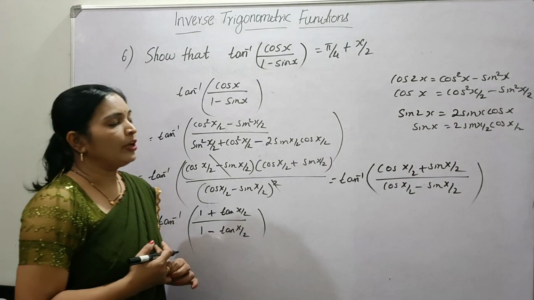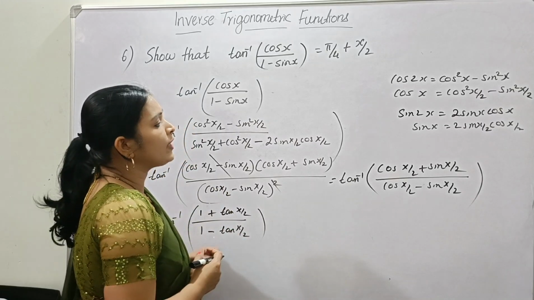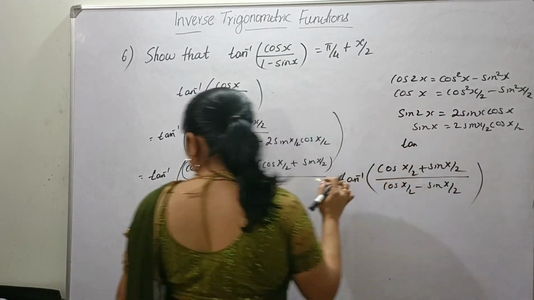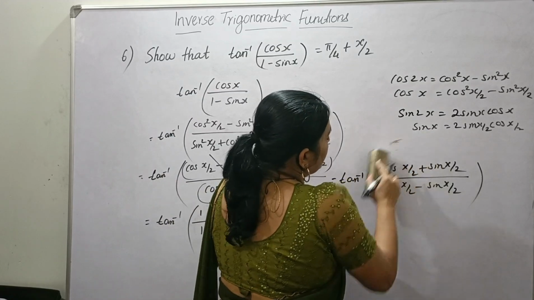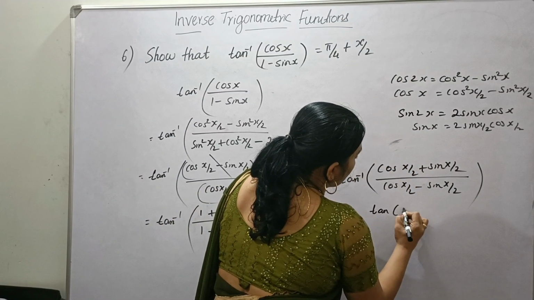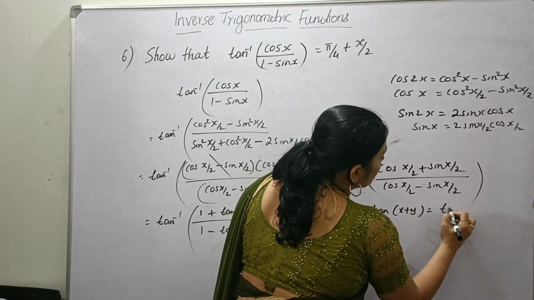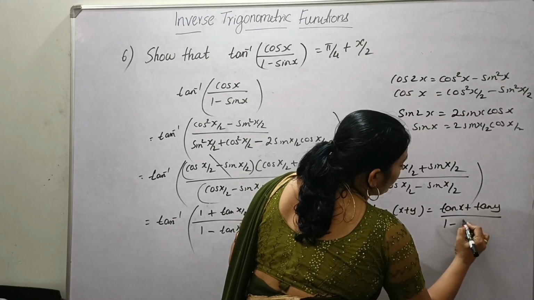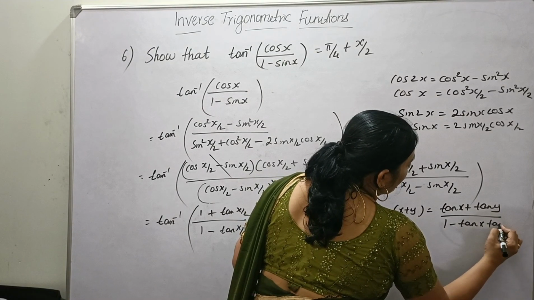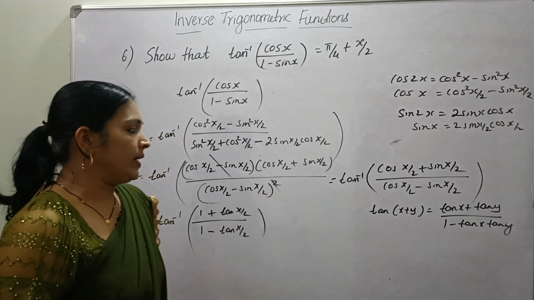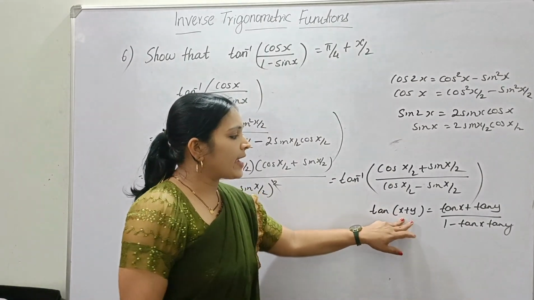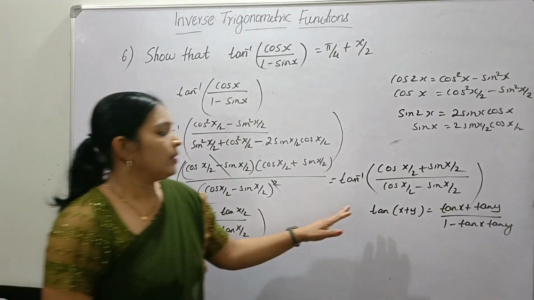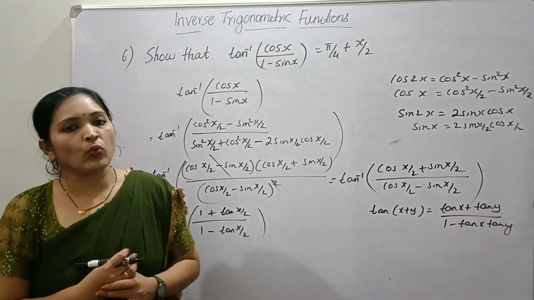And next, here we know that, what is tan of x plus y? Tan x plus y is nothing but tan x plus tan y divided by 1 minus tan x tan y. Now here, we know that tan pi by 4 is 1.